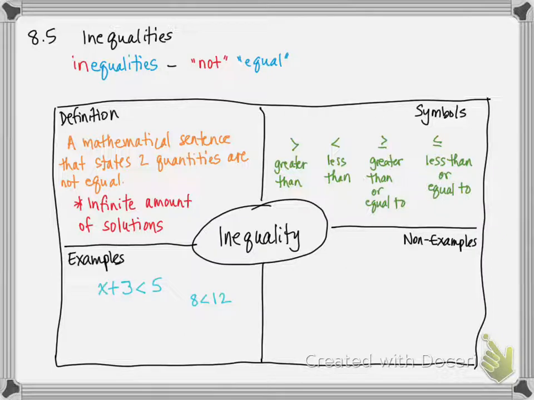We could say that x minus 5 is greater than or equal to x plus 5 minus 3x plus 2. So all sorts of different things when we're having a mathematical sentence. So it's going to include numbers, operations, variables, and inequality symbols.